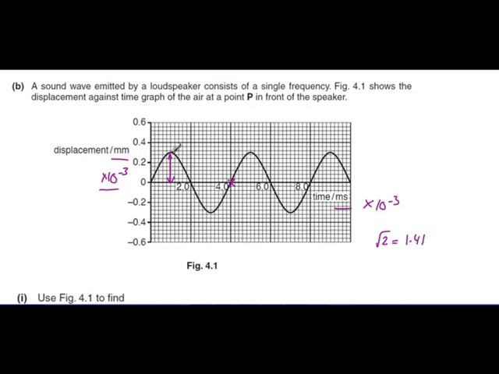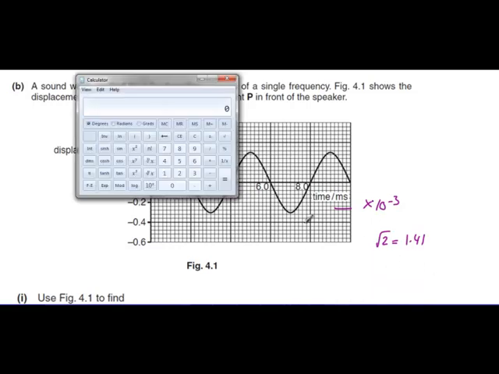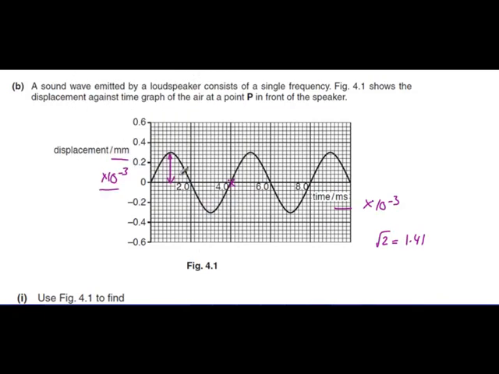So 0.3 times 1.41, so 0.3 times square root 2 equals 0.42. So my new intensity will have an increased amplitude but the same frequency.